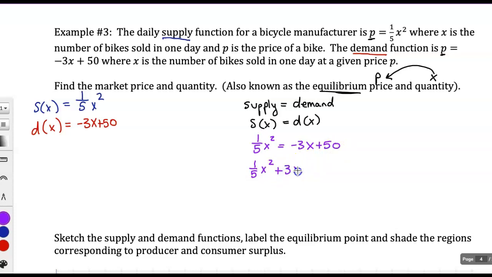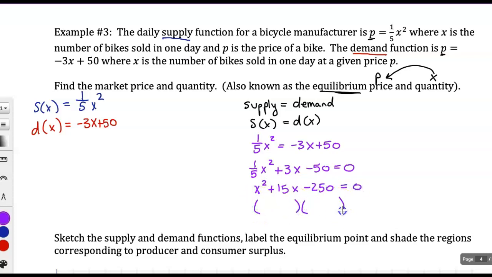I'm going to set that equal to 0 because we're going to want to factor it. But I don't want to factor with a leading fraction, so I'm going to multiply everything by 5 to clear that. So I get X squared plus 15X minus 250 equals 0.